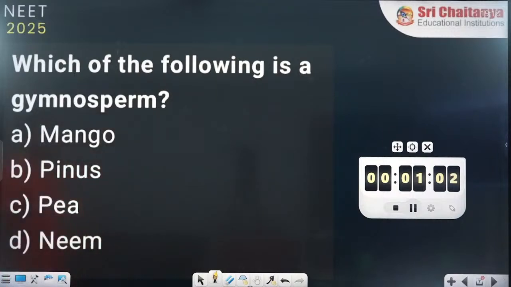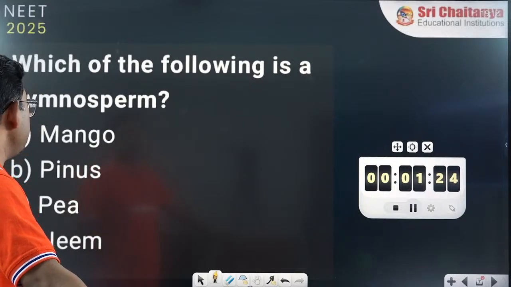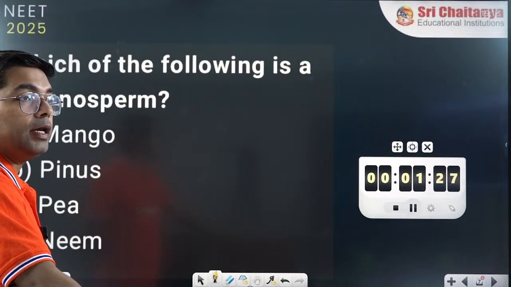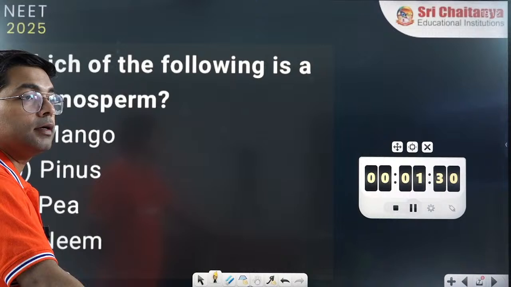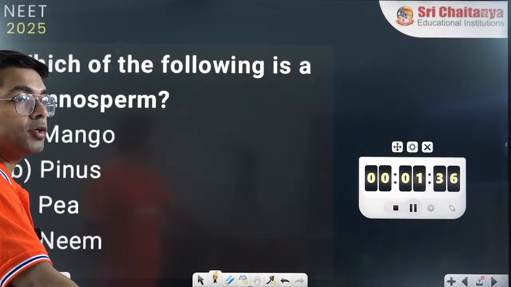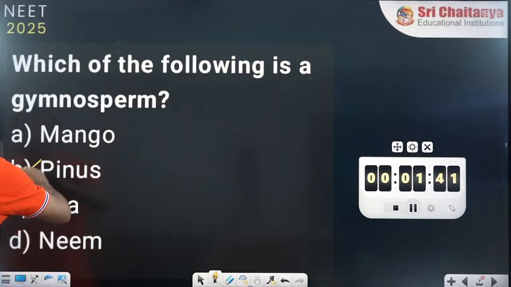Again, a very simple question. Which of the following is a gymnosperm? Just now we have seen the example. So, what is the correct answer? Venkata, he is telling B. Reddy, B. Pooja, Gopal, Sonali, Akshaya, Reshma, all of you are answering B. Very good, so B is the answer.